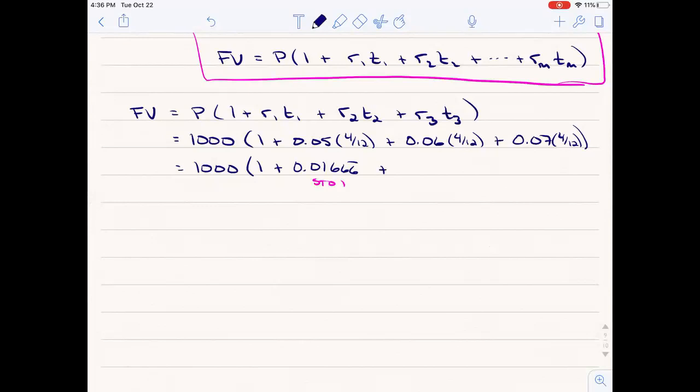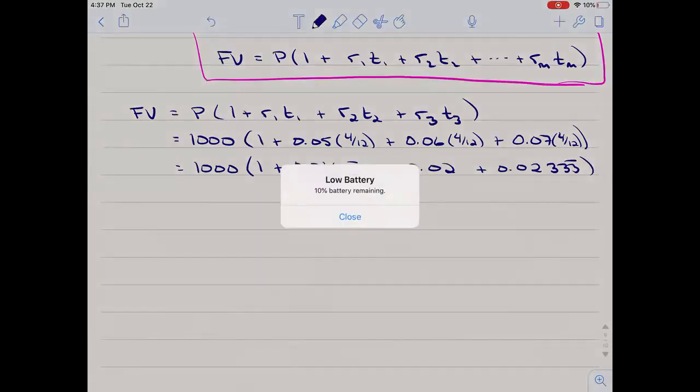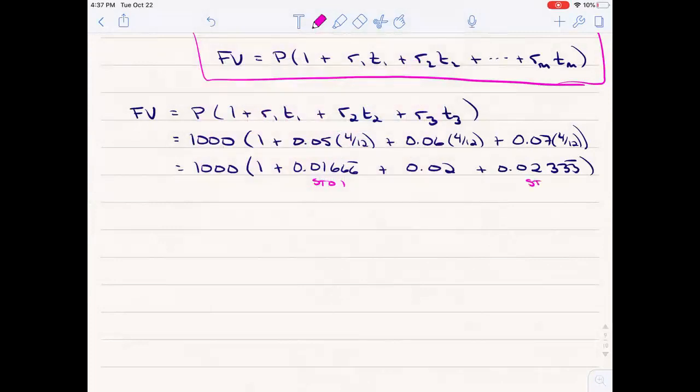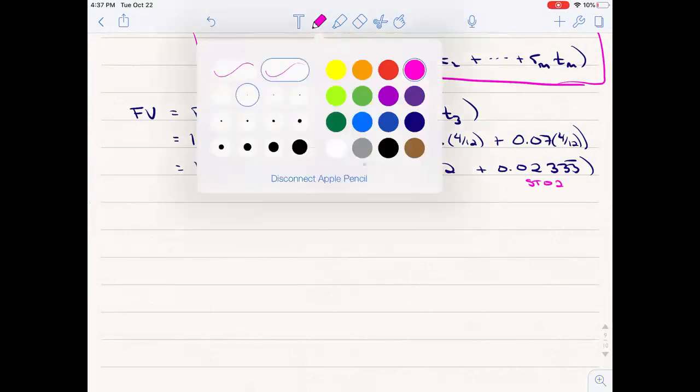Plus 0.06 times 4 divided by 12 is 0.02, plus 0.07 times 4 over 12 is 0.02333 repeating. I'll store this in 2. Might get confusing, but those are just notes to myself, I guess.